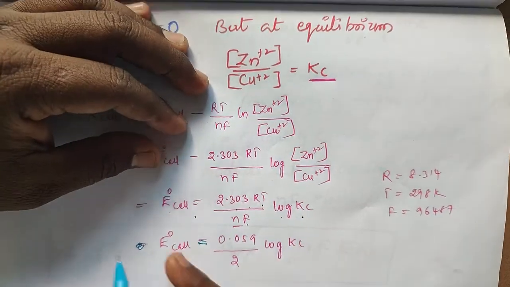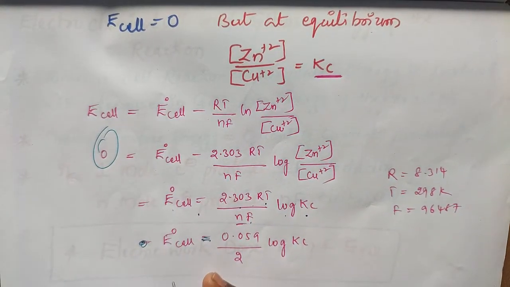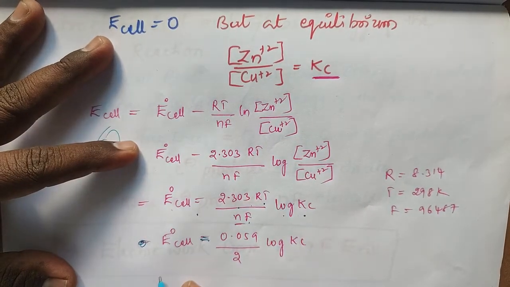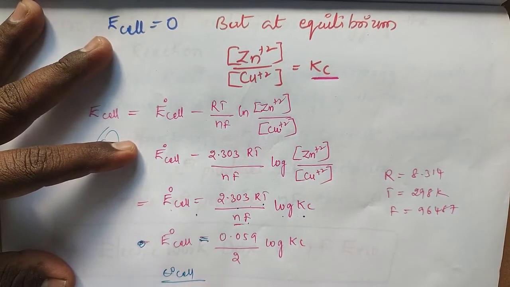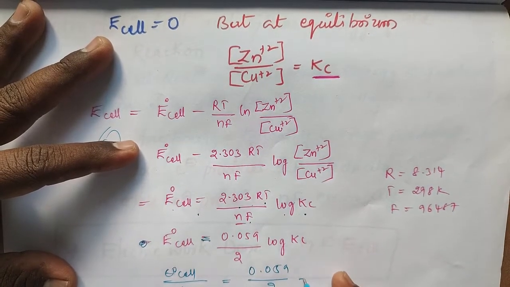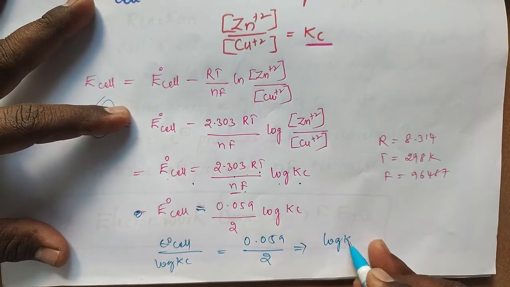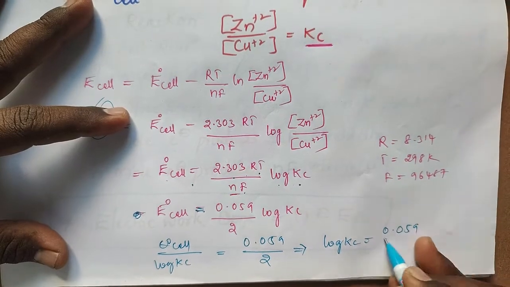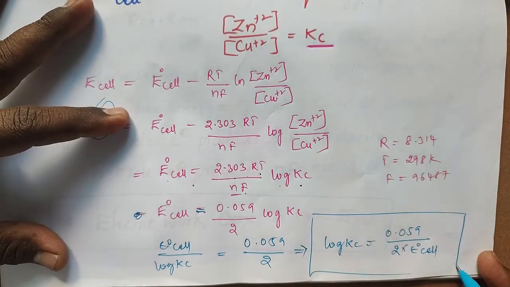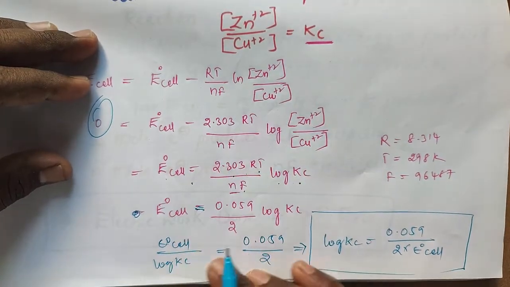So also you take Kc: log Kc equal to 0.059 by 2 into E naught cell, rearranged. So this is the equilibrium constant formula for the next equation.